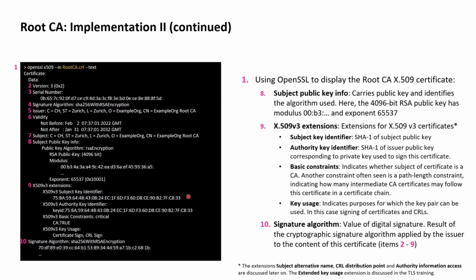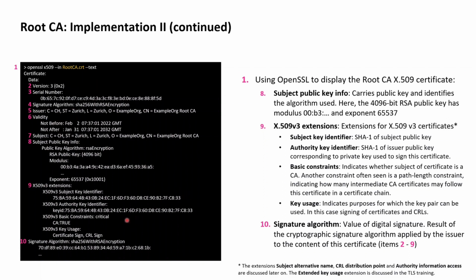These hash values allow for simplified identification of the public keys involved, which in the case of RSA really are keys of multiple thousand bits, and in this certificate right here, one can again see that the subject public key is the same as the issuer public key, again indicating that this is a self-signed certificate, as we already deduced by comparing the subject identifier field 7 and the issuer identifier field 5.